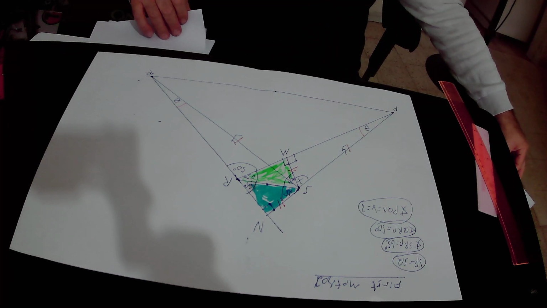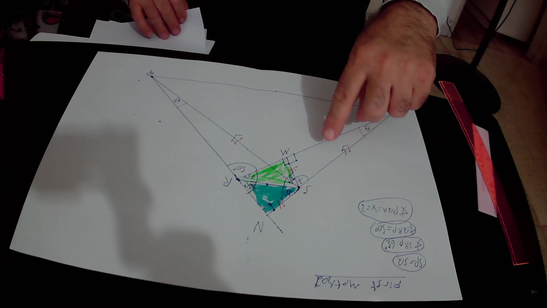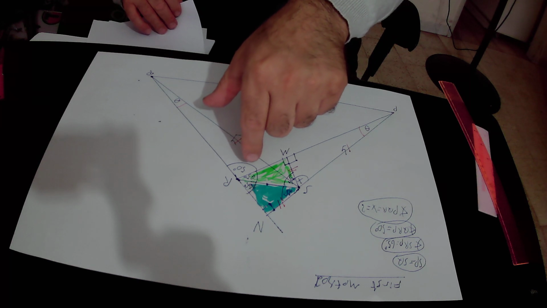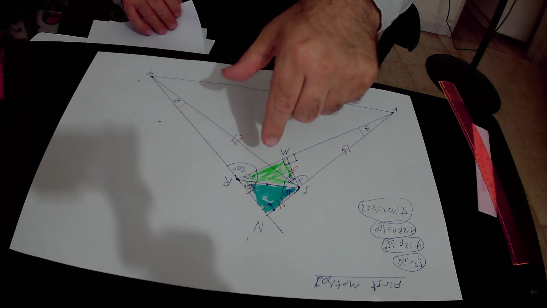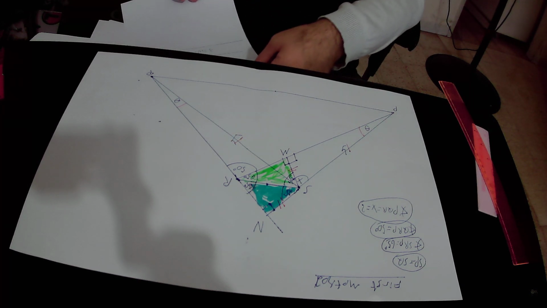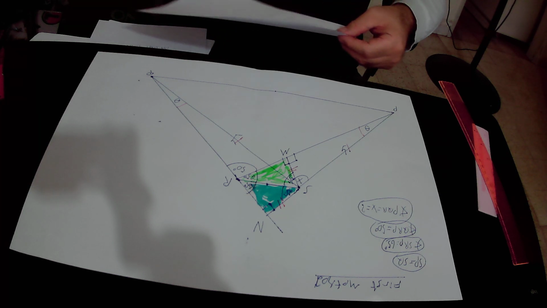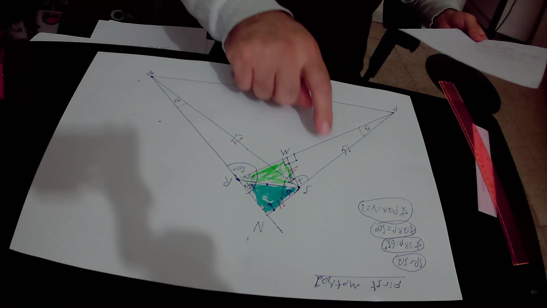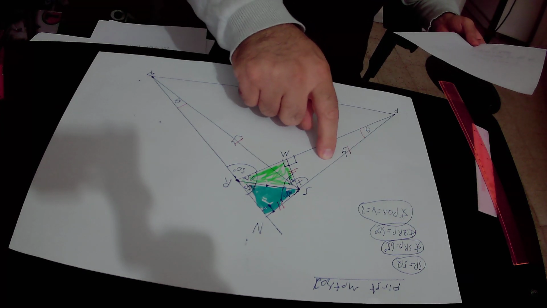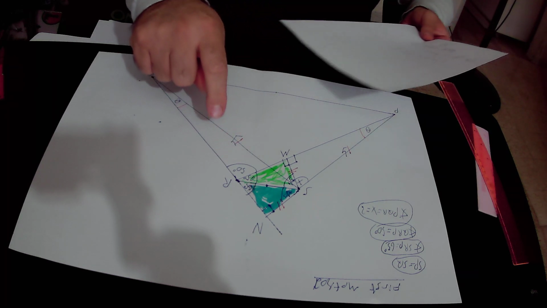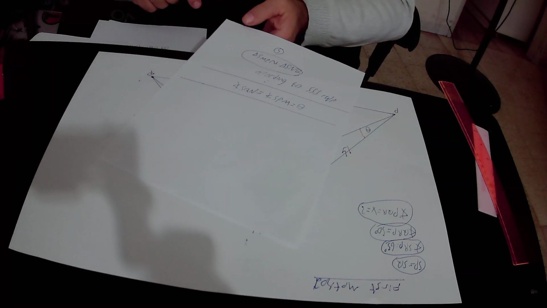Therefore, we proved that all three sides of triangle SMP are correspondingly equal to all three sides of triangle SNQ. Therefore, triangle SMP is congruent to triangle SNQ according to the side-side-side rule.